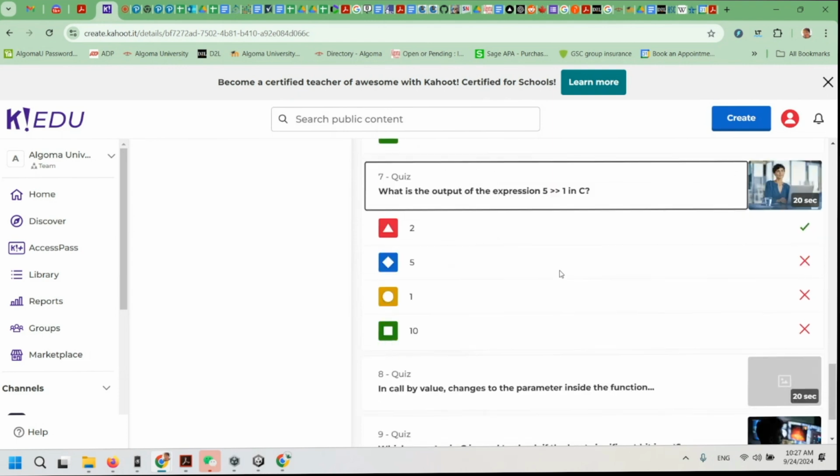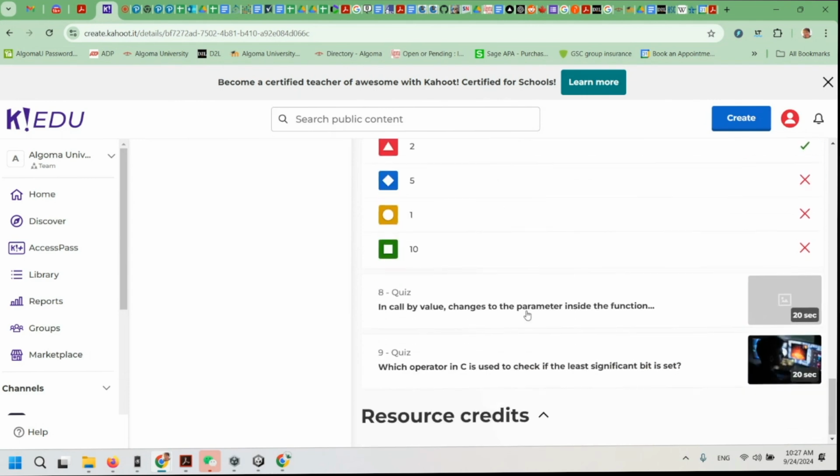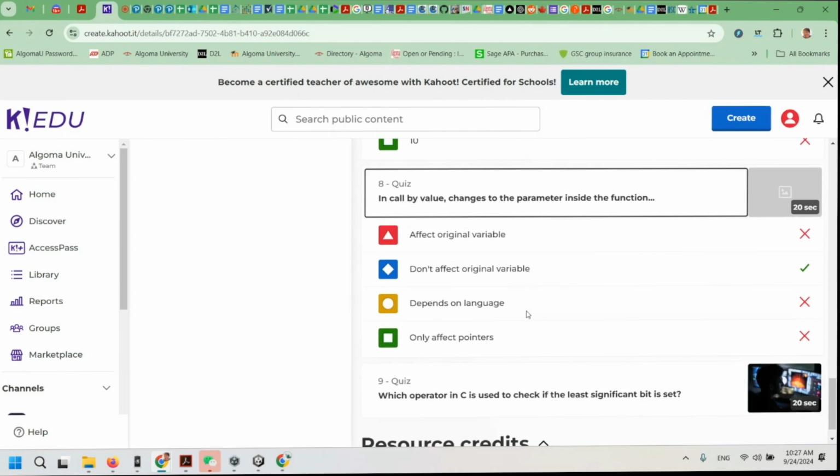Okay, so this one we have talked about earlier. Basically that means you divide it by 2, right? Because this is an integer operation, you get rid of the remainder, and that gives you the 2. So call by value means you're making a duplication of the same value, right? Again, those two terms we didn't explain specifically previously.